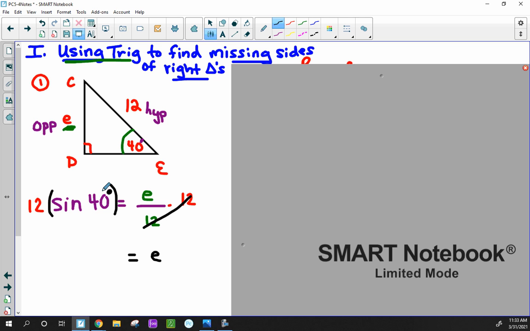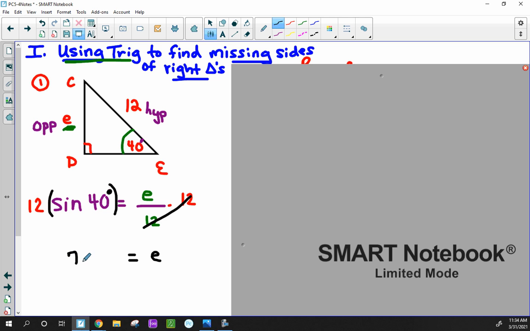Then you're going to make sure your calculator is in degree mode. Remember, your calculator can be in radians or degrees, so make sure it's in degree mode right now. And then you're just going to type in 12 times sine of 40. If you have it in the correct mode and you've typed it in correctly, you should have gotten a decimal.